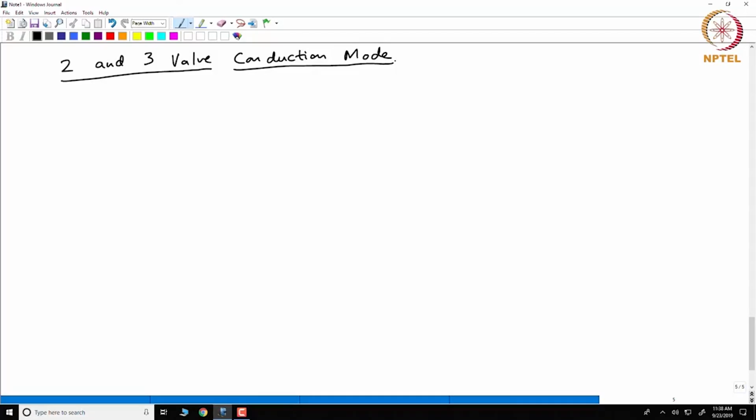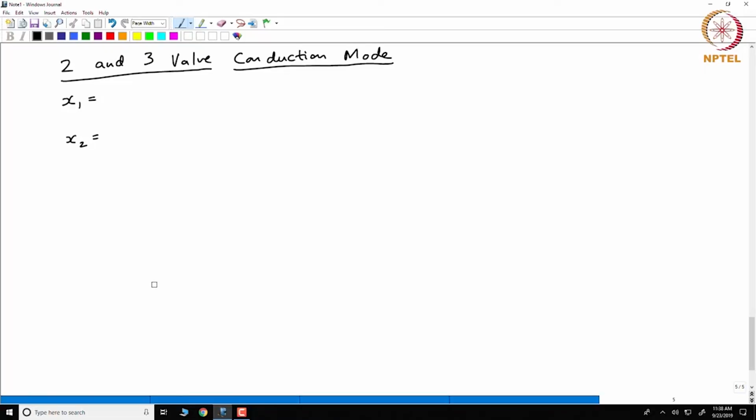Now, can you tell me what is x1? What is x2? First of all, what is the size of x1? If you look at the circuit, there are two loops.